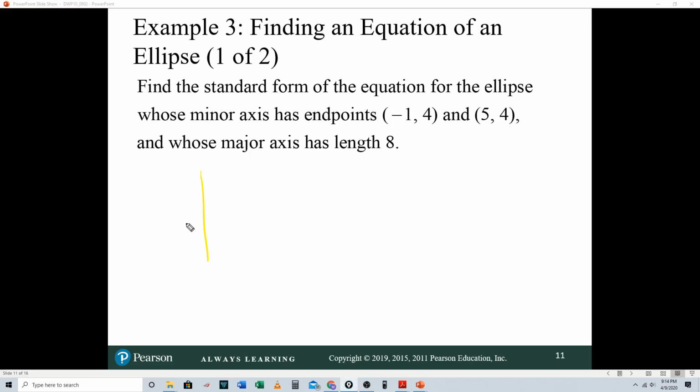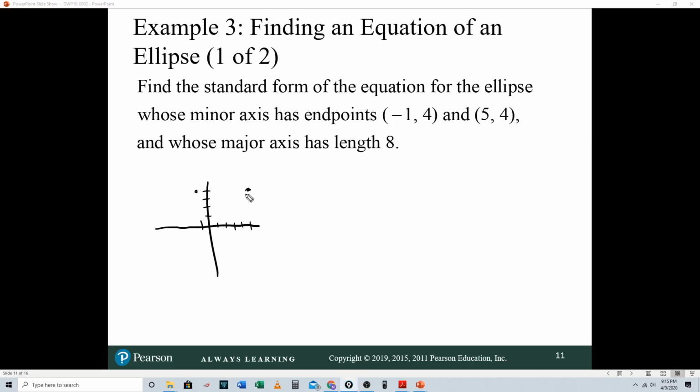So now the thing is, we know the endpoints (-1, 4) and (5, 4). What is remaining unchanged? The 4.